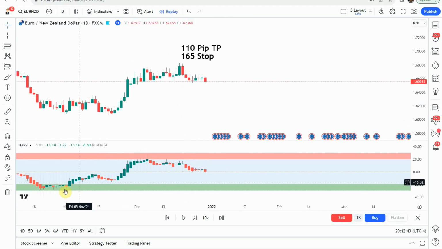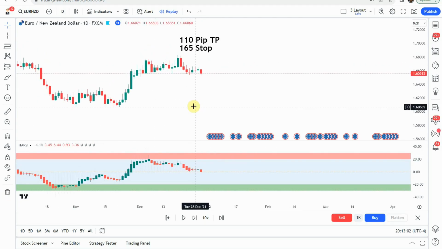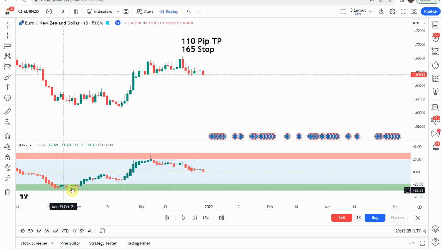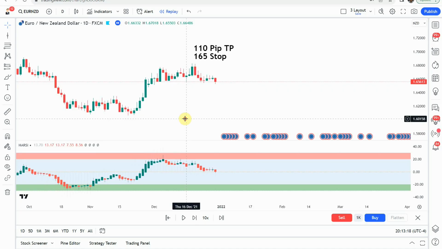And the Heikin Ashi candles, as you can see from what we modified in the beginning of the video, have these overbought and oversold areas, and you can see the Heikin Ashi candles are stretching down into those areas. And so as per the source video, what we should look for is when the Heikin Ashi candles break down into either the overbought or oversold area, so the green area or the red area. Now, it doesn't really tell you exactly what you should be looking for as far as the actual signal to take the trade.